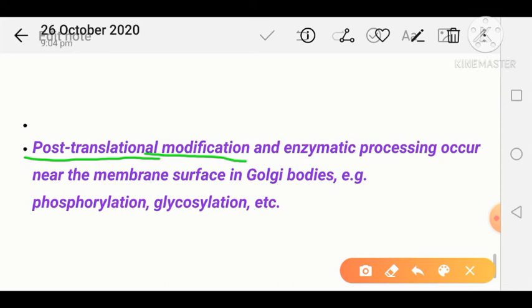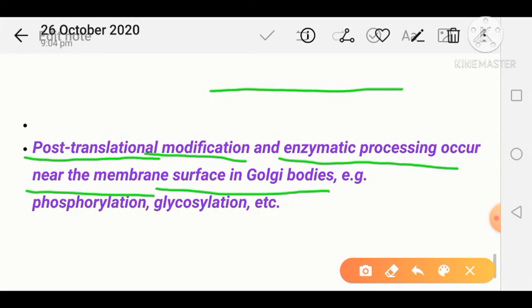So post-translational modification takes place within the Golgi complex, and enzymatic processing also occurs near the membrane or on the surface of the Golgi complex. Sometimes, suppose this is a protein having a C and N end, carboxyl and amino end, and this protein is made up of 144 amino acids.